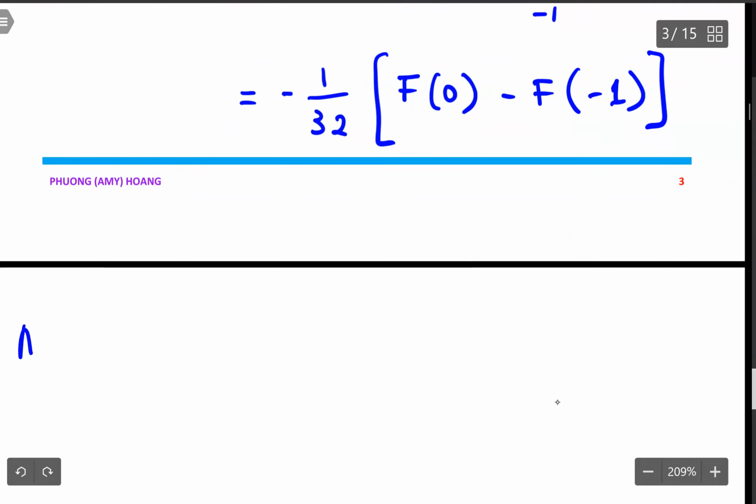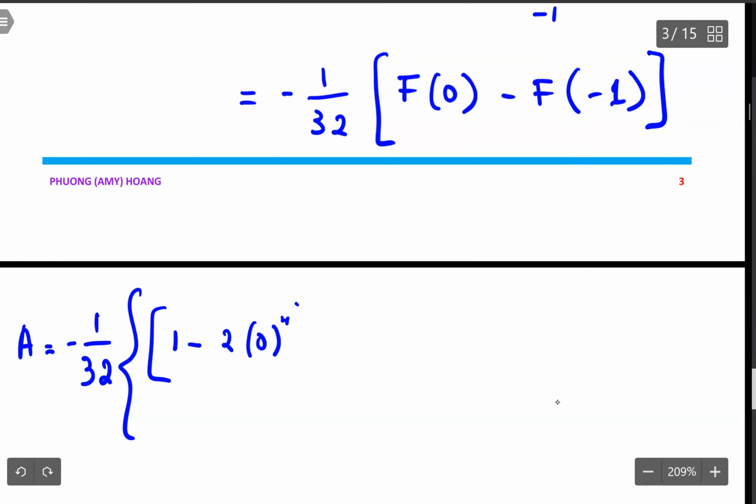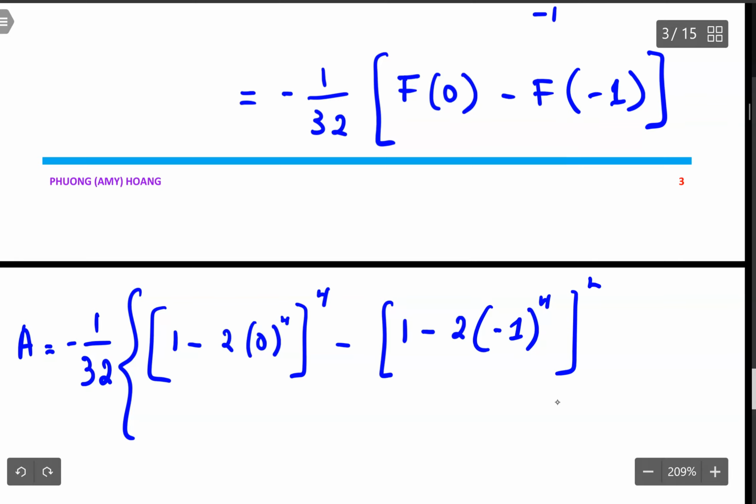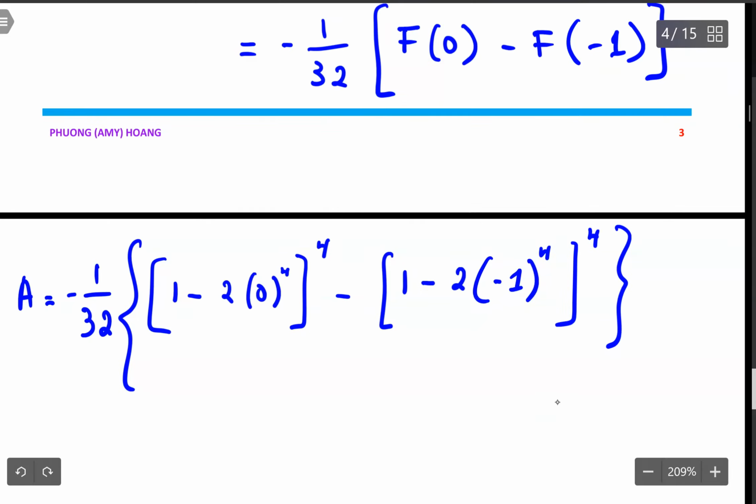So now area equal to -1 over 32. Right here I should have 1 subtract 2 times 0 to the exponent 4, all of this raised to exponent 4, subtract 1 minus 2 times -1 raised to exponent 4, and all of this raised to exponent 4, close the bracket.